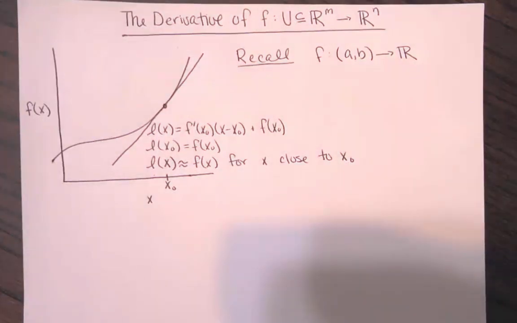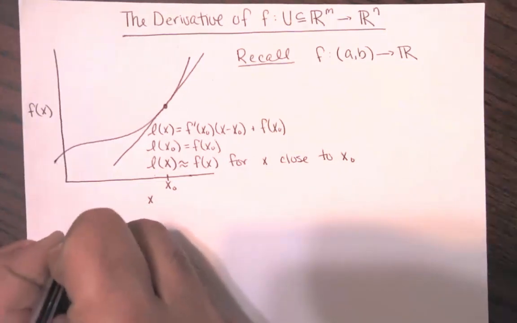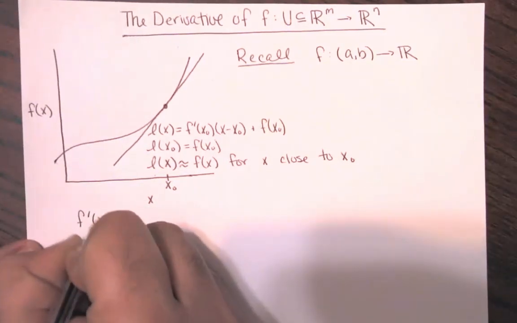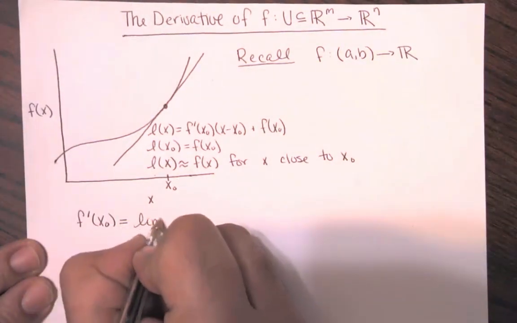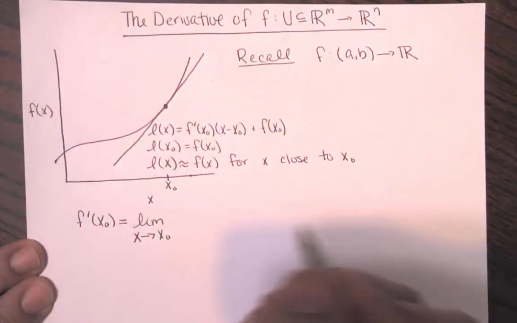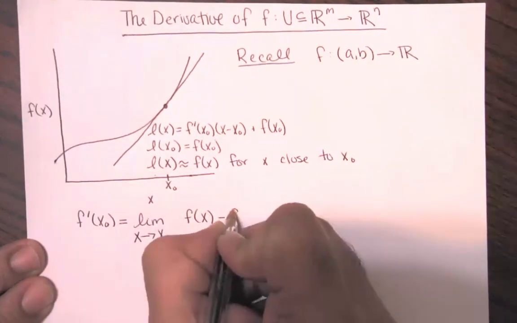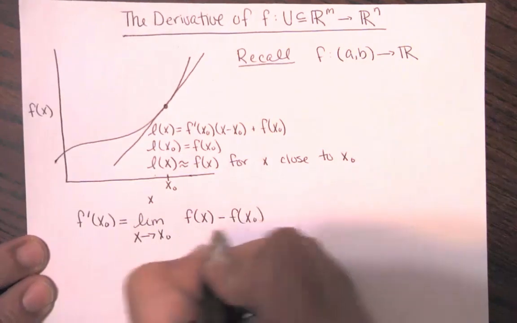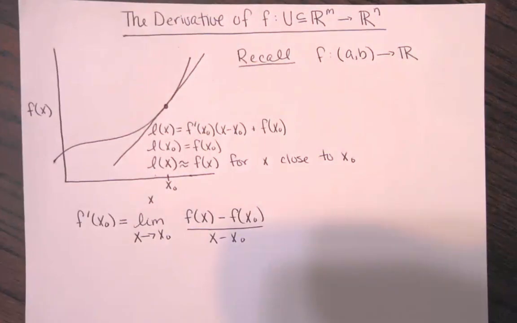Now, we're going to make this precise using the definition of the limit. So we know that f prime of x naught is equal to the limit as x approaches x naught of f of x minus f of x naught divided by x minus x naught.